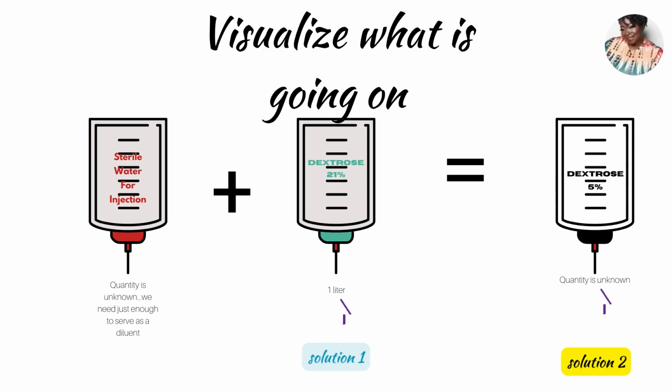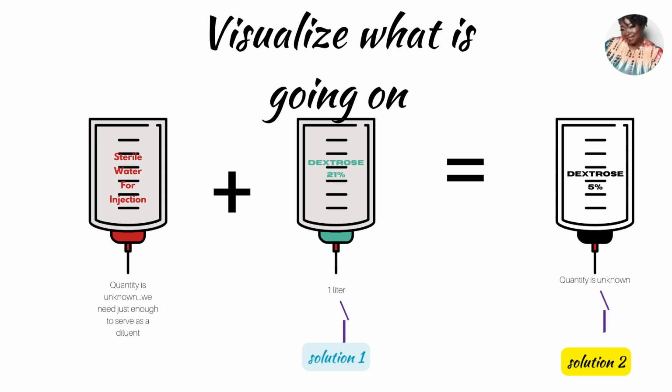With quantity times strength, you can only have two solutions that are separated by time. What do I mean by that? You have one entire solution that is present in the past, and you have one solution that is present in the future.